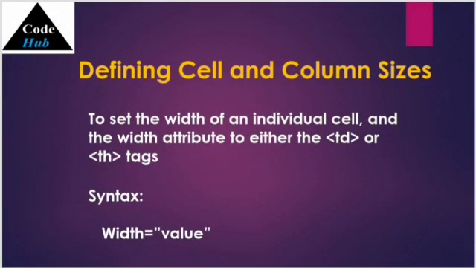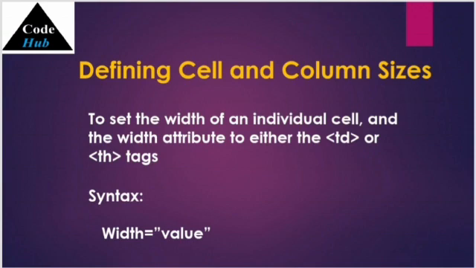Now next is defining cell and column size. To set the width of an individual cell, add the width attribute to either the TD or TH tag. The syntax is: width equals value. Value can be expressed in pixels or as a percentage of the table width. A width value of 30% displays a cell that is 30% of the total width of the table.